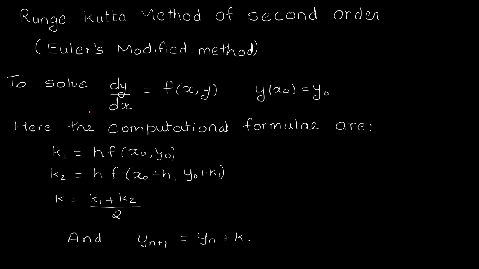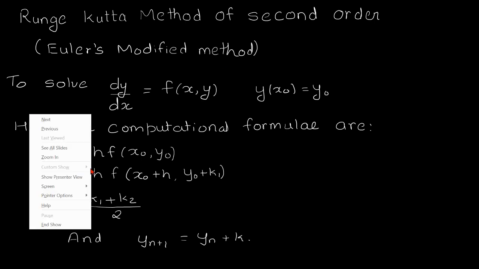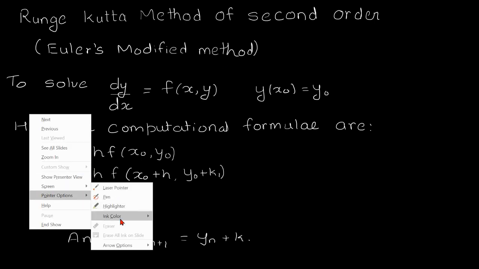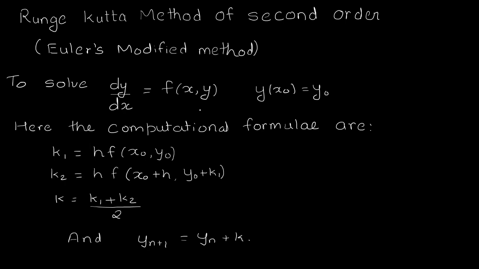Now we are given any differential equation of first order, dy by dx is equal to f of x comma y, and y of x naught equal to y naught are the initial value conditions which are being given. Now the computational formulas are: suppose k1 is defined as h times f of x naught comma y naught.